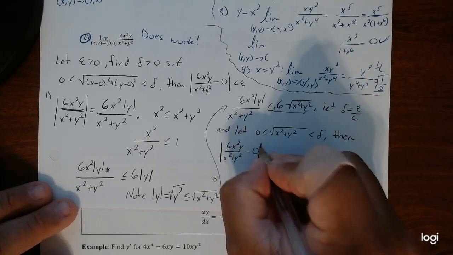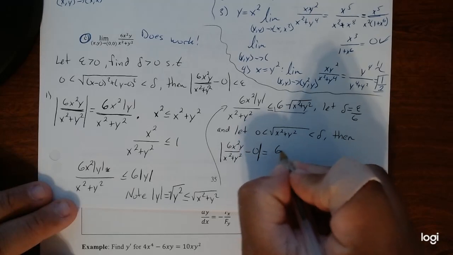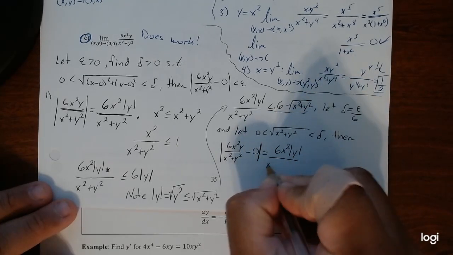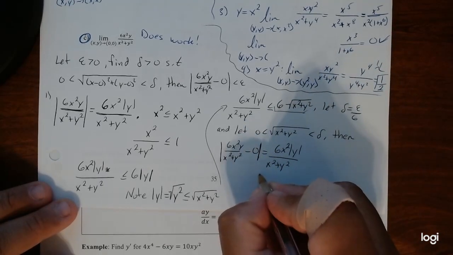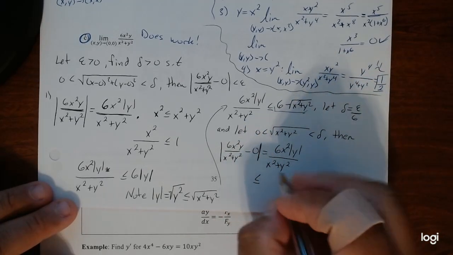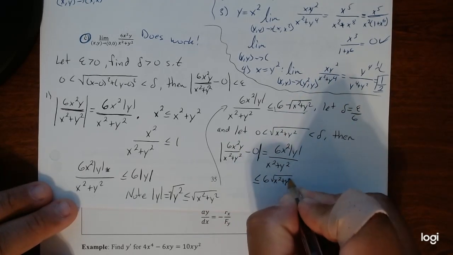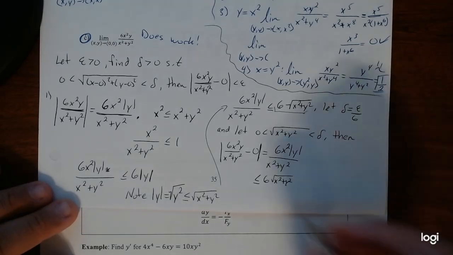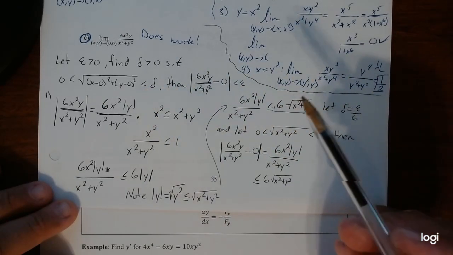So this part equals this, which is less than or equal to this. And we know this right here is less than or equal to sigma.